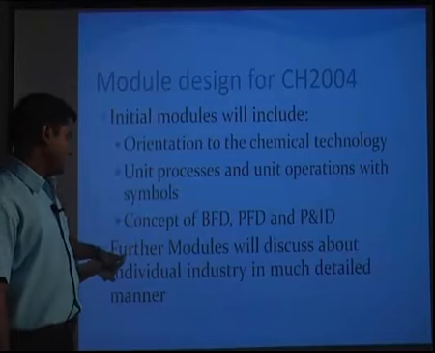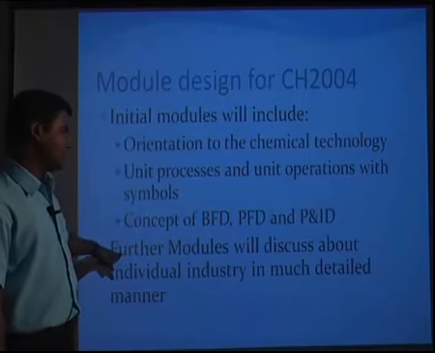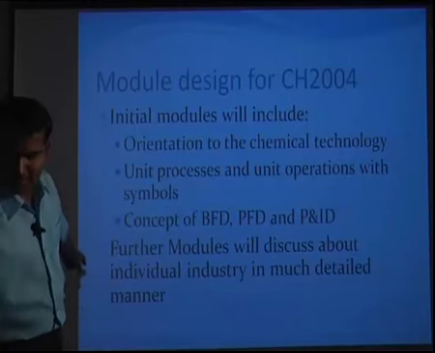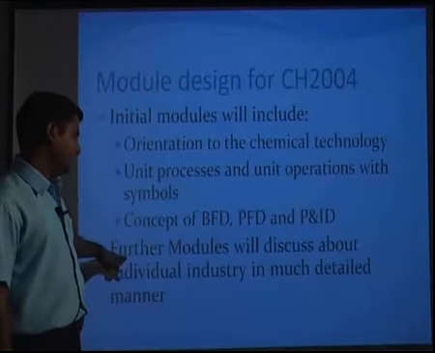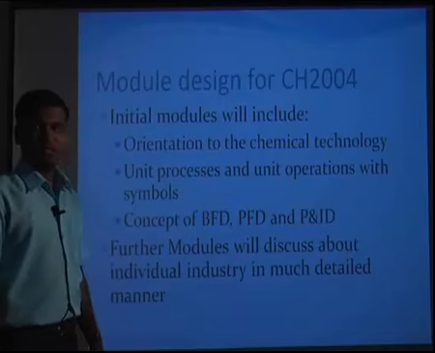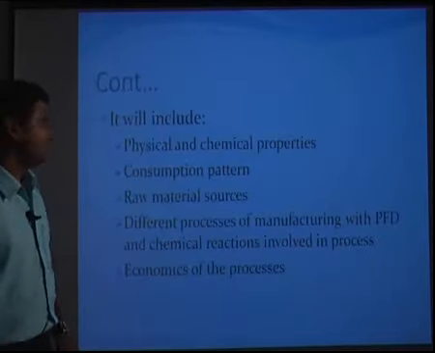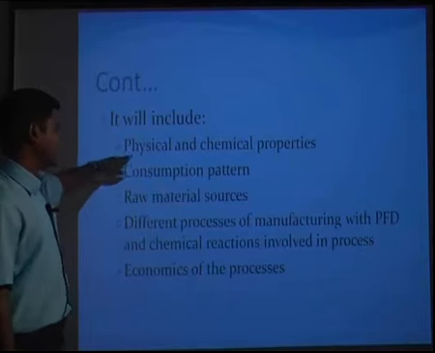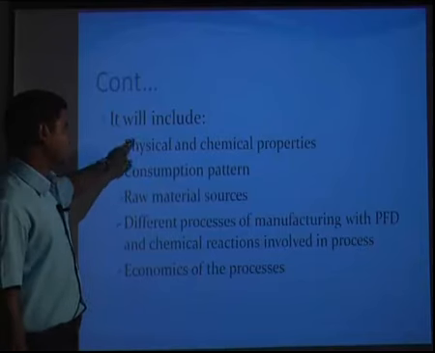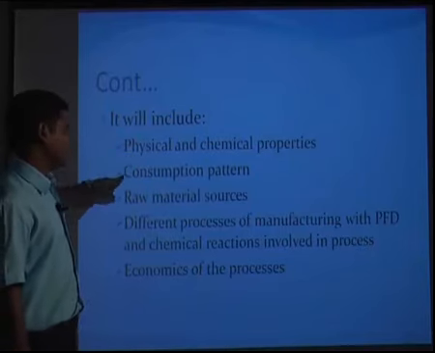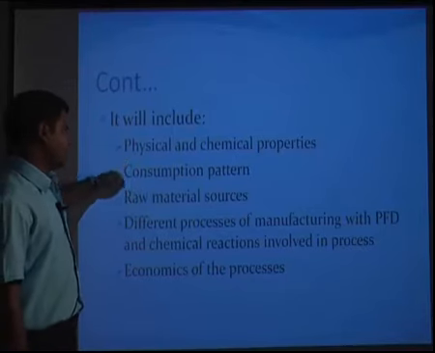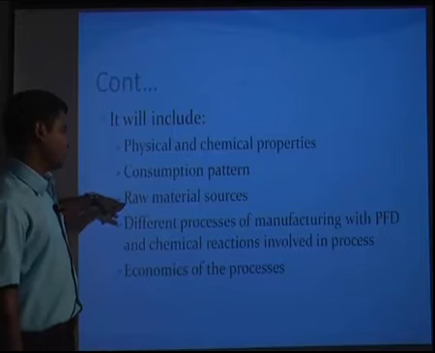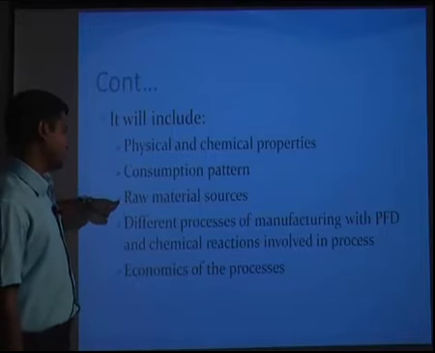Then after this we will discuss each module, each industry that we have seen earlier, now in detail. Under each industry heading we will see the physical and chemical properties that are most important. Then we will see the consumption pattern of that particular product. Then we will see the raw material sources required for manufacturing.